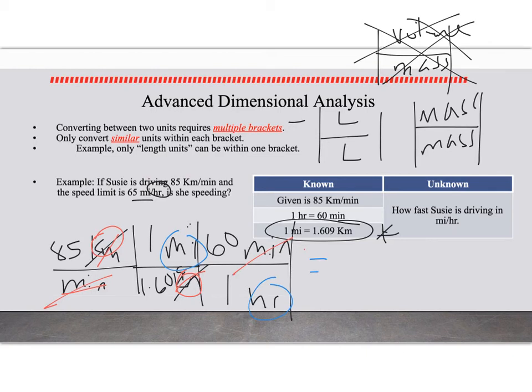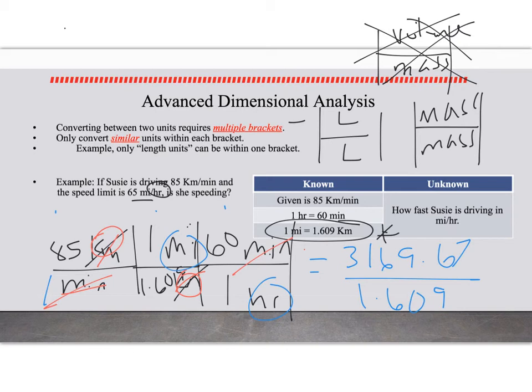Well, 85 times 1 times 60, so I multiply everything on top. I get 3169.67 and a lot more numbers, over 1 minute times 1.609 times 1, which is 1.609. Oops, I'm sorry guys, I went ahead of myself and I got the 3.169 earlier.